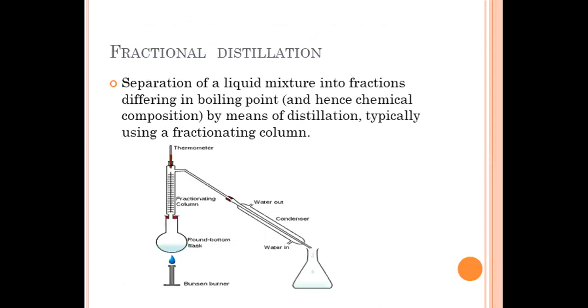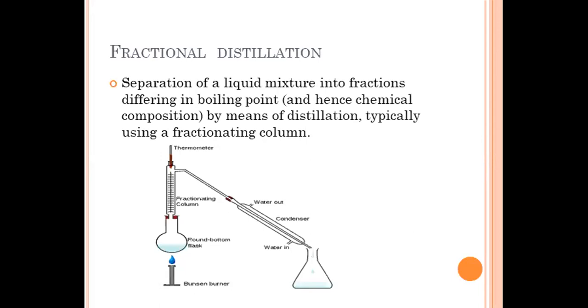This is what fractional distillation is: the separation of a liquid mixture into fractions differing in boiling point, hence chemical composition, by means of distillation, typically using a fractionating column. You can see in the picture how the fractional distillation assembly is set up. You need a round bottom flask containing the extract, and this is your fractionating column.